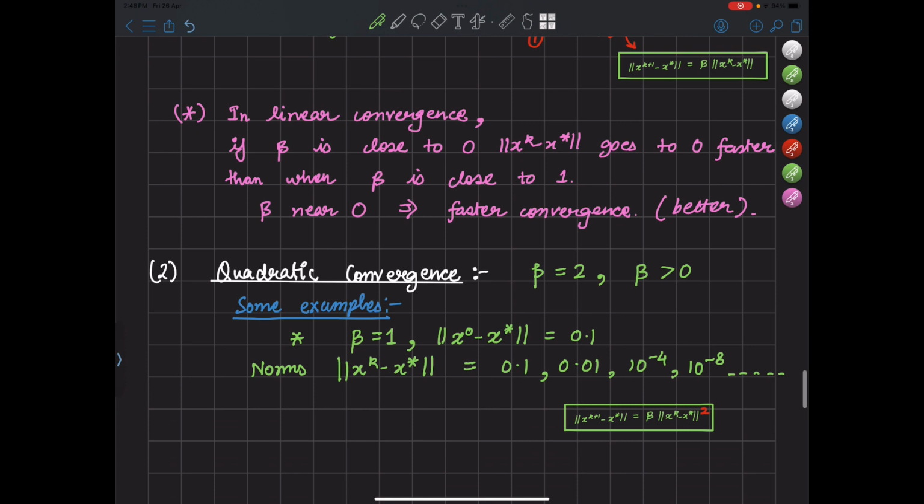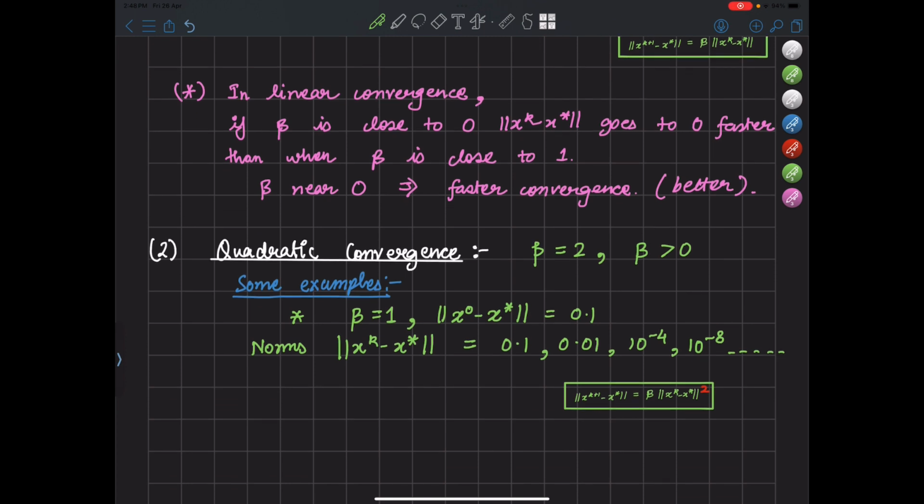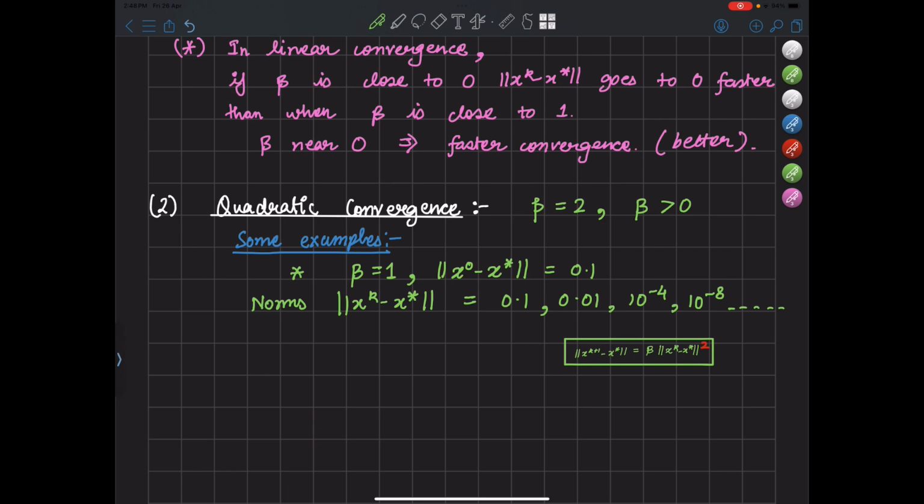It's clearly visible, but as some of you might have seen already, it has some flaw. Because beta is equal to 1, let's take as an example x naught minus x star greater than 1. Let's say beta is equal to 1 and x naught minus x star is 2.